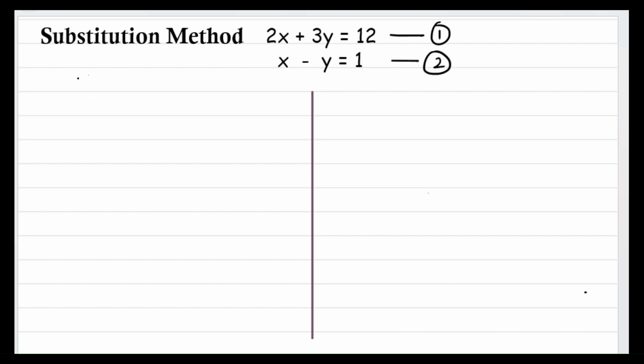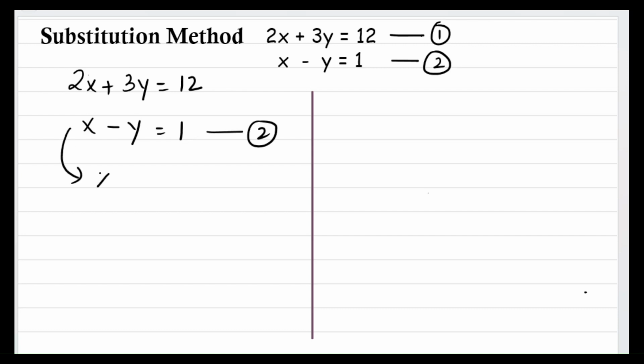So let's start. My first equation is 2x plus 3y equals 12. My second equation is x minus y equals 1. From this second equation, I can take out x value as 1, and this minus y, when shifted to that side, will become plus y.